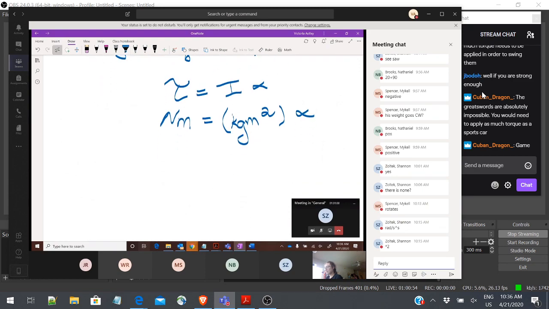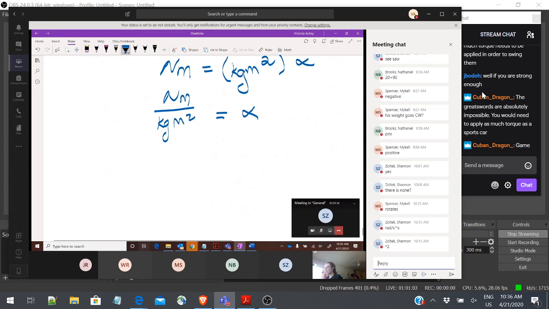But what do I get for alpha? So alpha is a Newton meter divided by a kilogram meter squared. A Newton is also known as a kilogram meter per second squared, times meters over kilogram meter squared. Kilogram cancels, meter, meter, meter, meter.